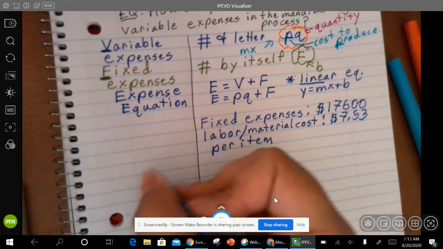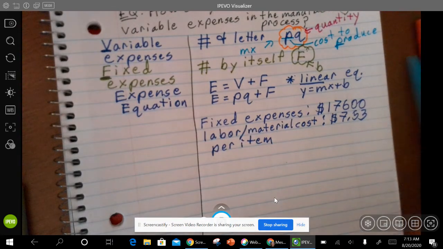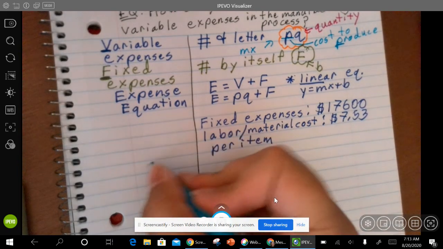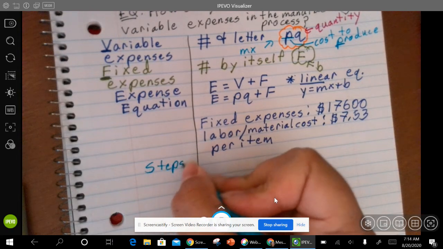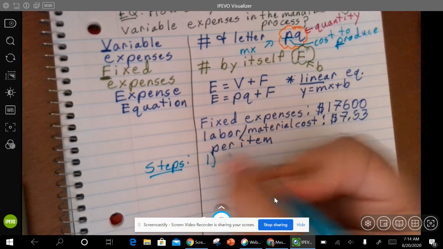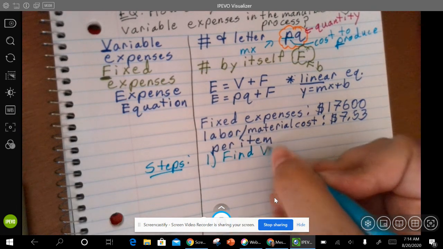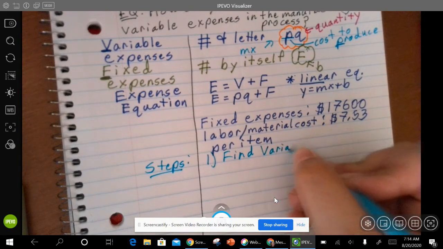So our steps for this, everybody. We're going to work on identifying those variables. So we're going to find the variable cost.